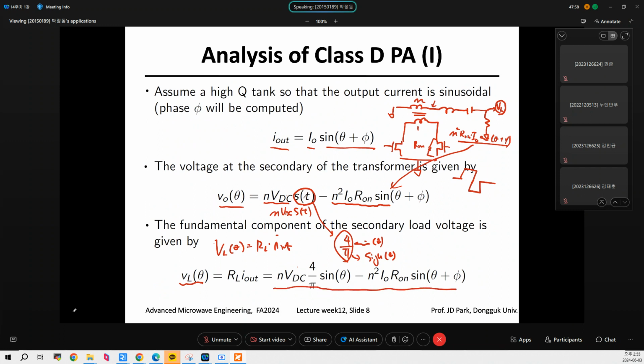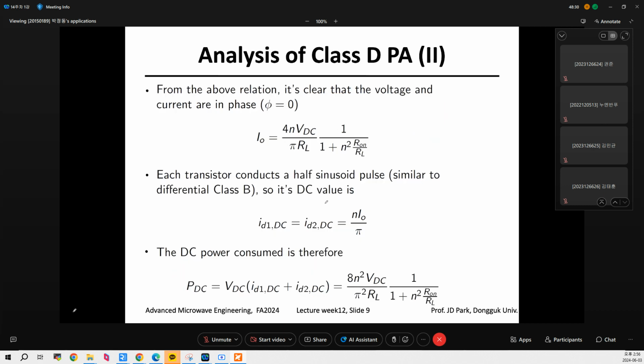You notice that the other part consists of multiple harmonics, right? All of them are filtered out by this bandpass filter. That's our assumption. So VL is given by this. Therefore, it's clear that voltage and current are in phase.